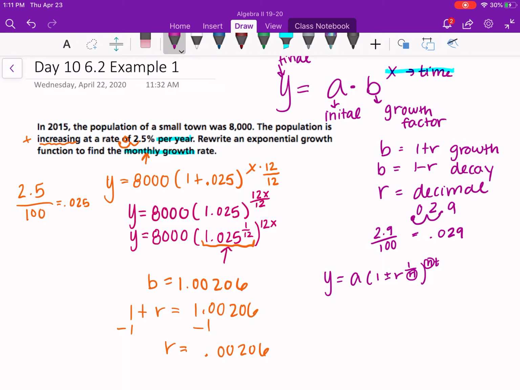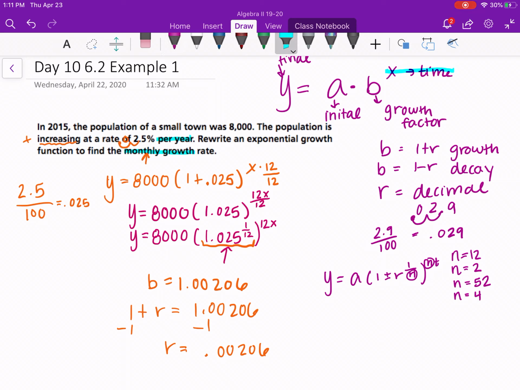So if it is monthly, you know that there's 12 months in a year. If it's semi-annually, that's 2. If it is weekly, there's 52 weeks in a year. If it's quarterly, that happens 4 times a year. I think those are the most common ones that you guys are going to run into.